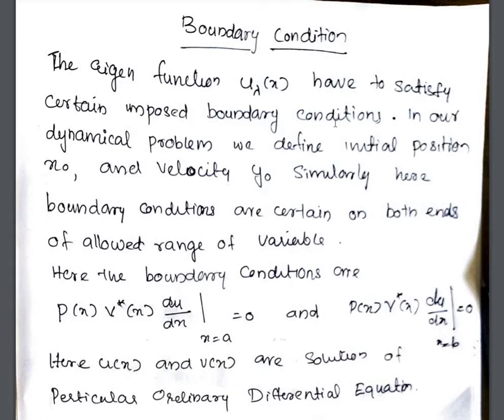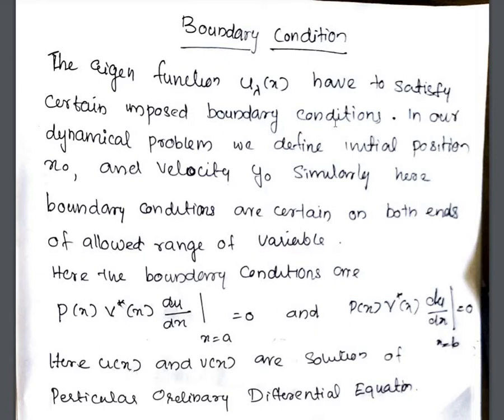We already studied in our school classes that for dynamical problems like motion, we have to define the initial position and initial velocity of a moving body in order to solve the problem. So these conditions are known as boundary conditions in the case of a dynamical problem.